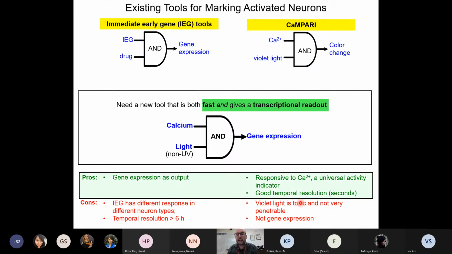So what we want is to combine the advantages of both tools. We want to have calcium and light as an input, and then gene expression as an output, okay? We want a tool that works very fast and has a transcriptional readout.